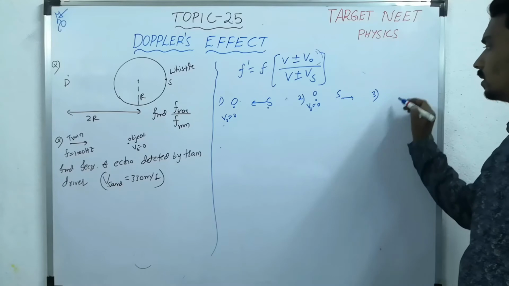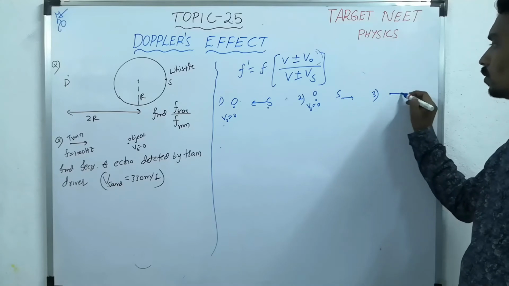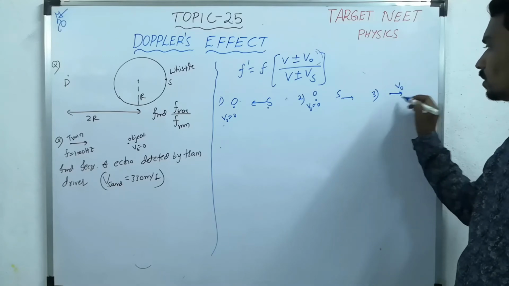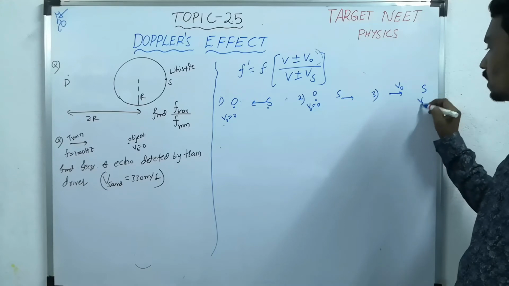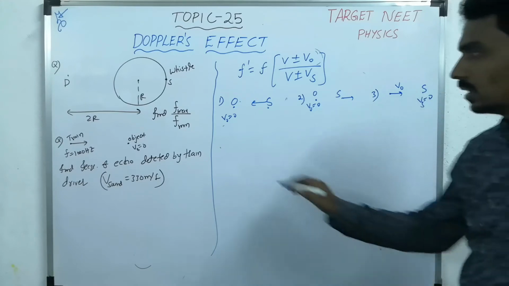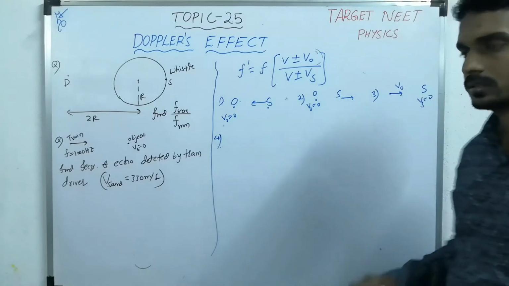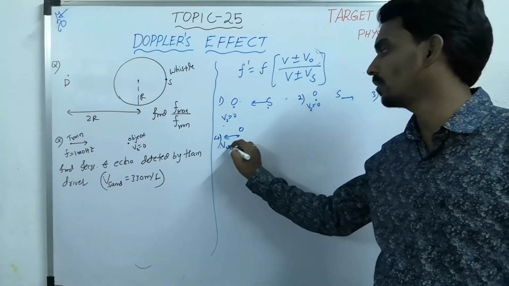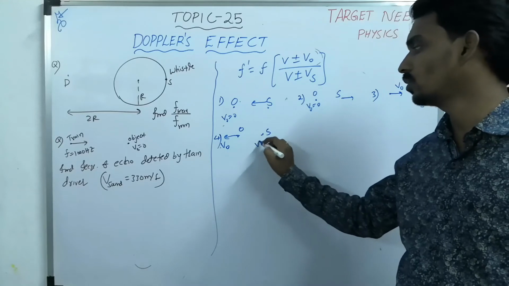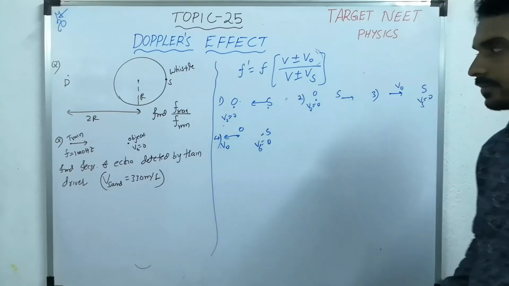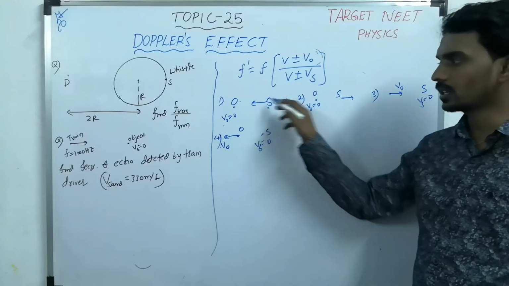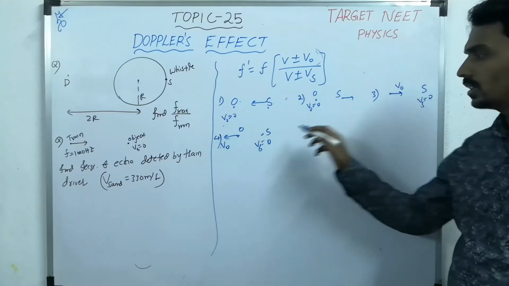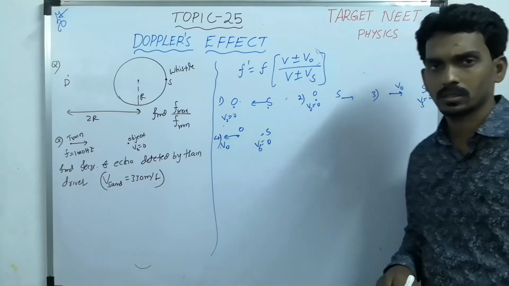Third: observer moving towards source, but the source is at rest. Fourth: observer recedes away from source, but the source is at rest. So here a stationary observer and here a stationary source.